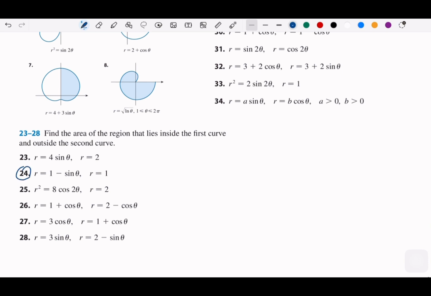Since we don't have much time left, I will just try my best to work this number 24. So 24 is the cardioid and a circle. The question is, find the area of the region that lies inside the first curve, the cardioid, and outside the second curve. So I think we might need to draw this.